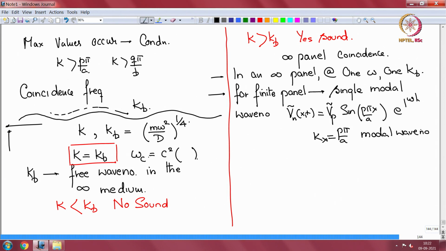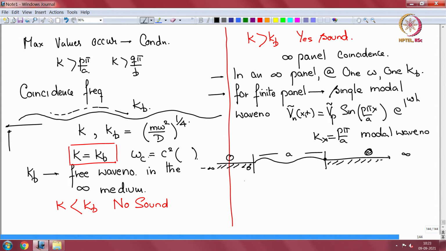Now because this is placed in a baffle, I know the velocity from 0 to a, and I know the velocity from a to infinity, which is 0, and from minus infinity to 0, again 0. So along this plane I know the velocity, and so a Fourier transform can be taken.